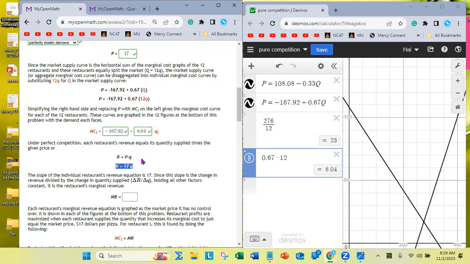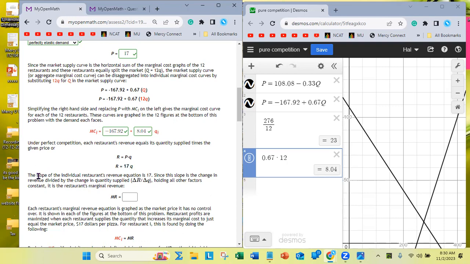This is just a linear equation with an intercept of 0 and a slope of 17. Since the slope is the change in revenue divided by the change in quantity supplied, change in R over change in little q, holding all other factors constant, it represents the firm's marginal revenue.